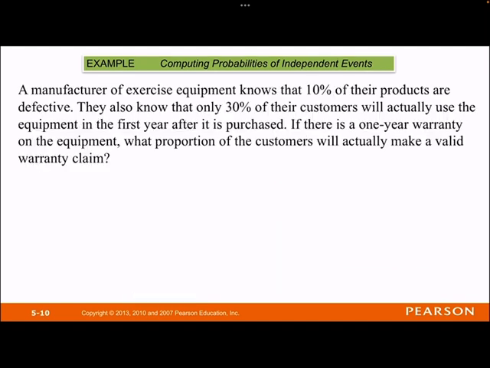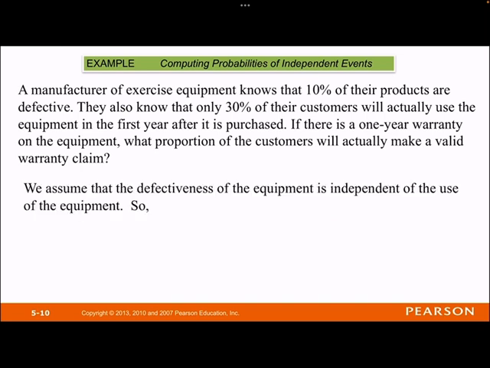A manufacturer of exercise equipment knows that 10% of their products are defective. They also know that only 30% of their customers will actually use the equipment in the first year after it is purchased. If there is a 1-year warranty on the equipment, what proportion of customers will actually make a valid warranty claim? We assume that the defectiveness of the equipment is independent of the use of the equipment.